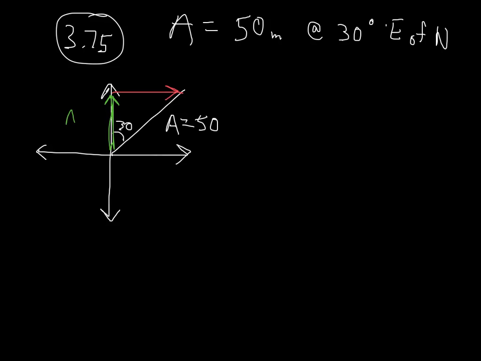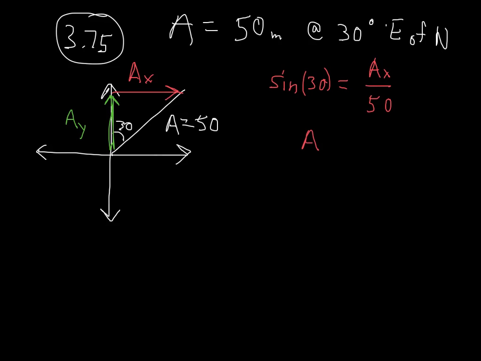I'm going to call these two pieces, these two components, AY and AX. Can I find what AY and AX are? Yeah, I can use trigonometry. I start with sine of 30 because I always start with sine, because SOHCAHTOA. Sine is opposite over hypotenuse. Opposite side here looks like it's AX over 50.